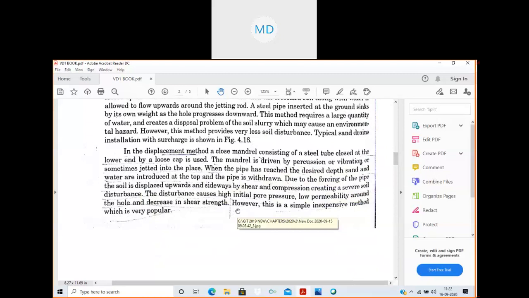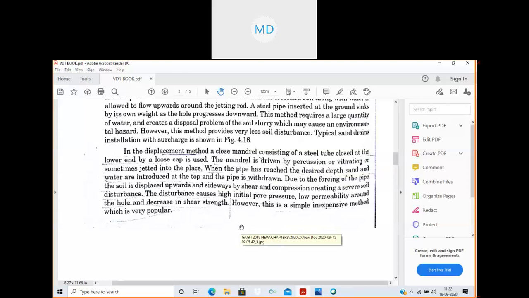Okay, so a mandrel is inserted. The mandrel is in the form of a steel tube. Mandrel is nothing but a form of tube, and here in this case it is made of steel. With the help of this mandrel, that is the steel tube, the tube is inserted inside the ground.